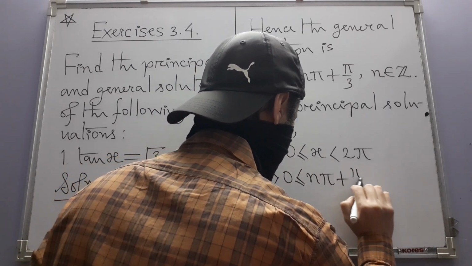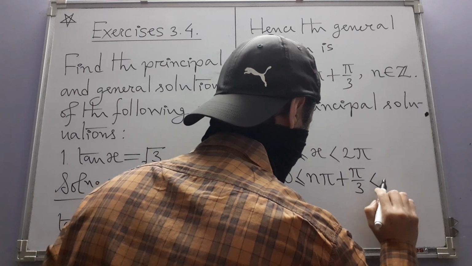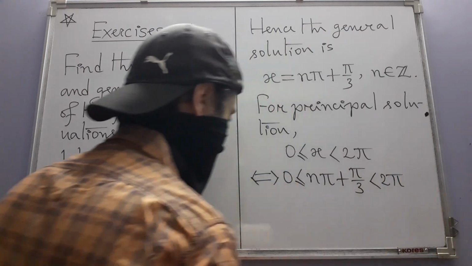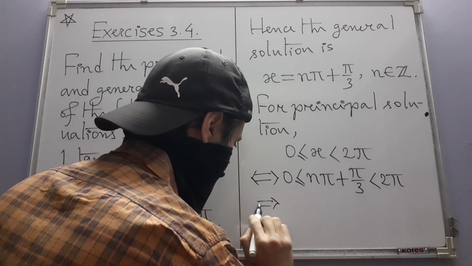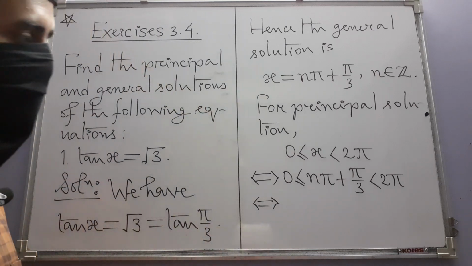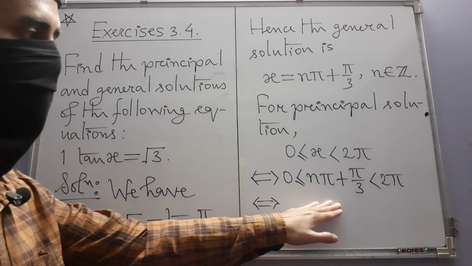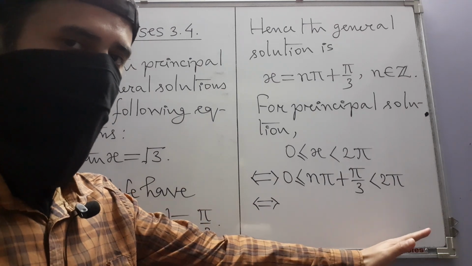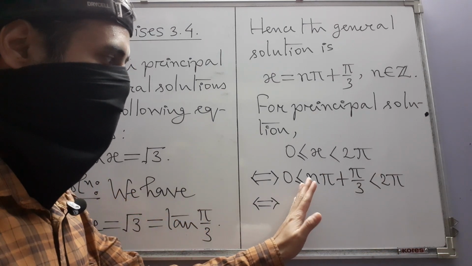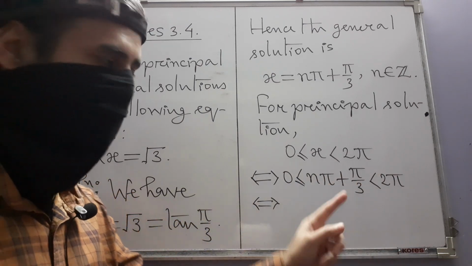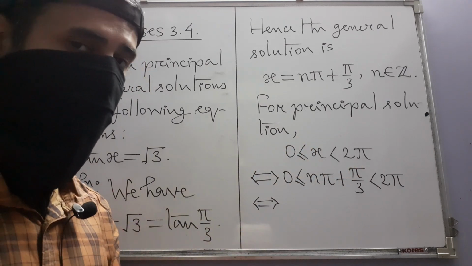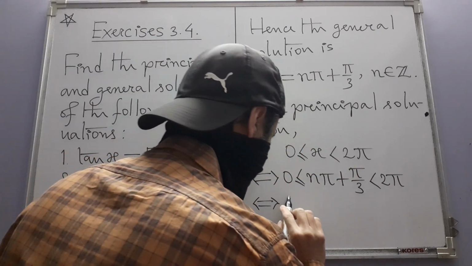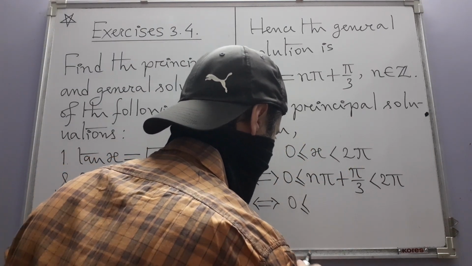N pi plus pi over 3 less than 2 pi. One simplification you can do here is that you can divide throughout by pi. Since pi is a positive real number, that will not flip the inequalities. The inequalities will maintain their direction, and doing so you will get this.